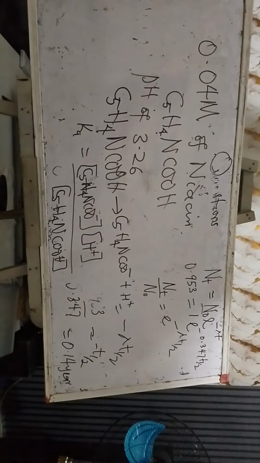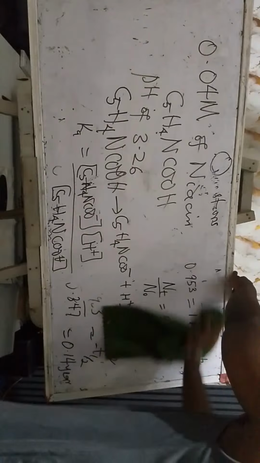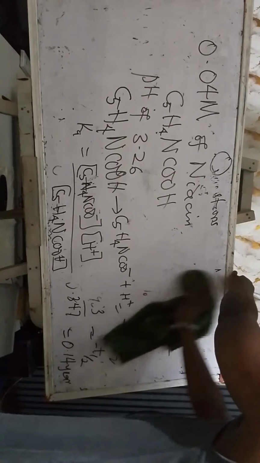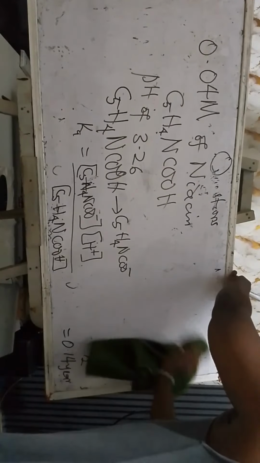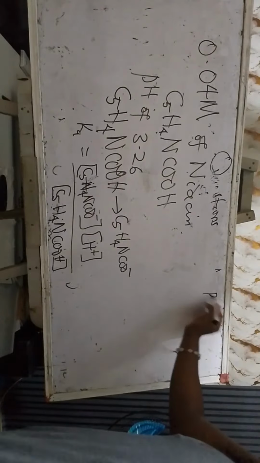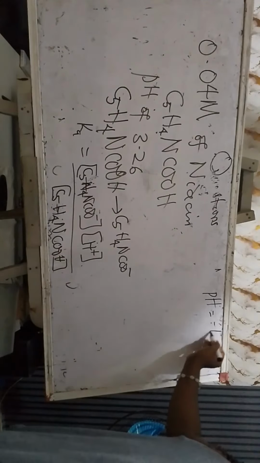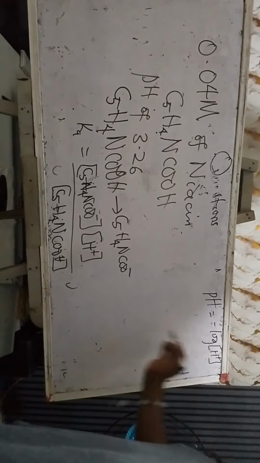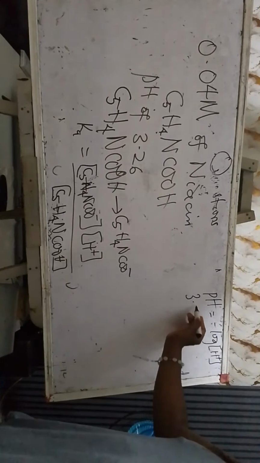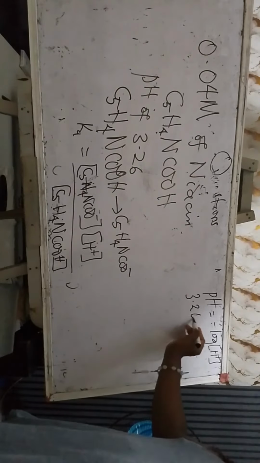Since they gave you pH and the concentration of the niacin, you can look for the concentration of hydrogen ion from pH, because pH is equal to minus logarithm of hydrogen ion, and pH was given to us as 3.26.